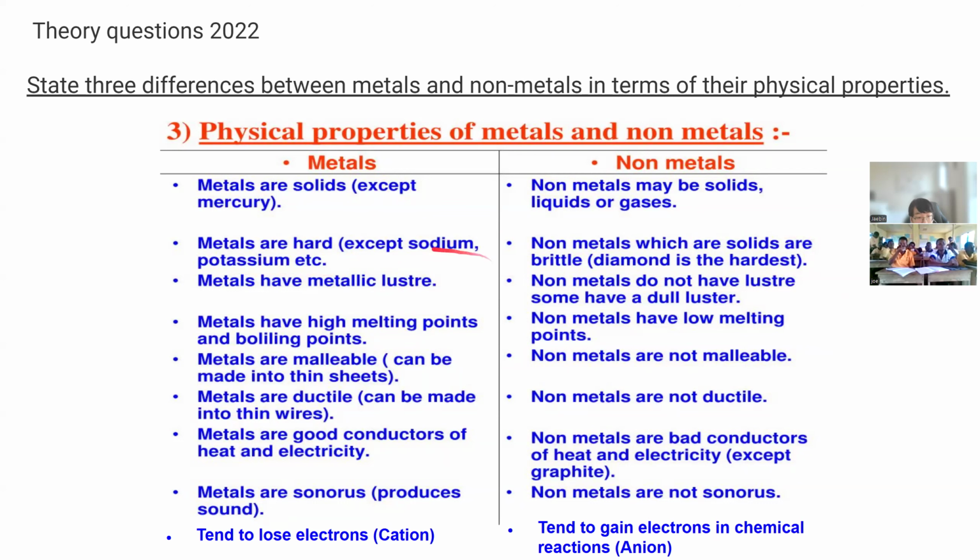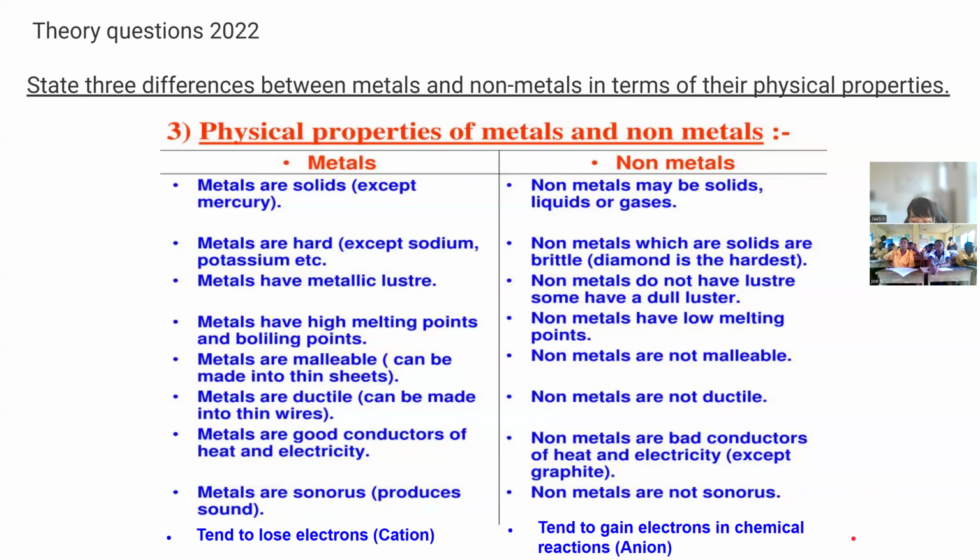Metals are really hard, nonmetals are brittle. And another difference you might want to remember is that metals tend to lose electrons. We learned about this last time, learning about cations. Metals want to lose electrons to get to the noble gas configuration.